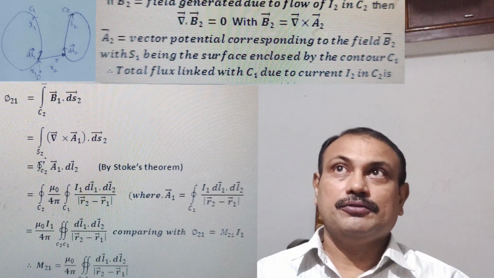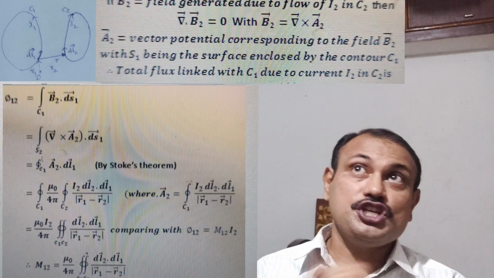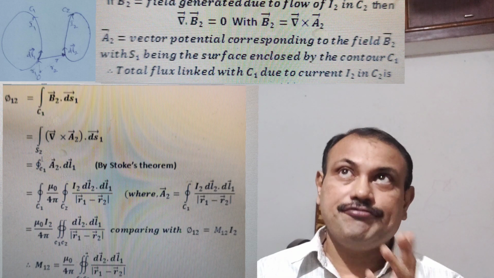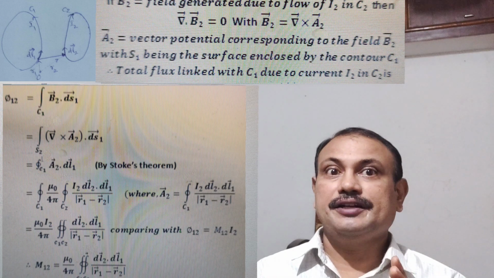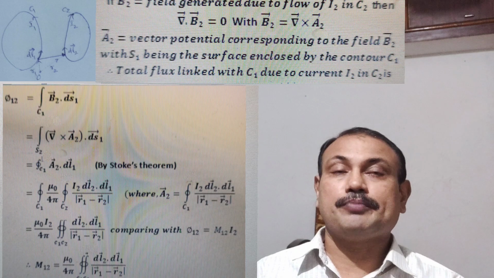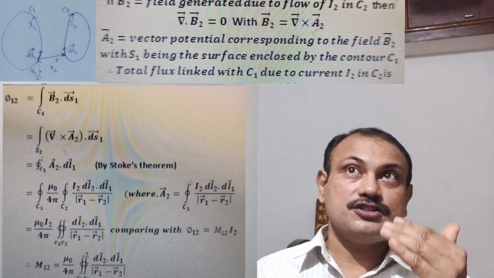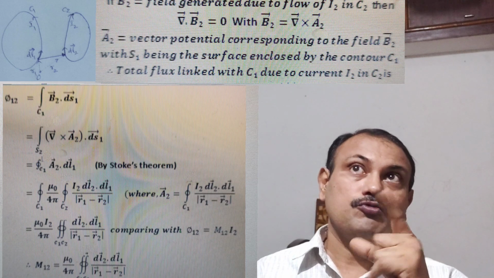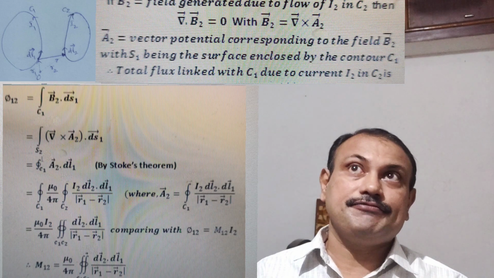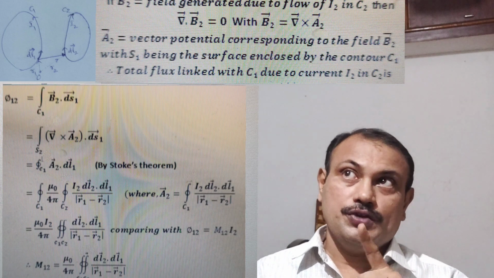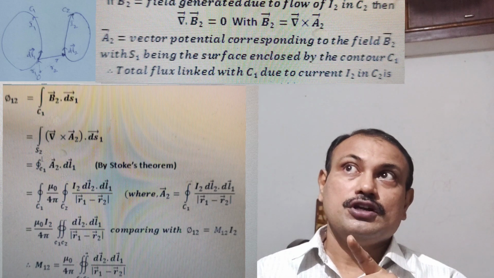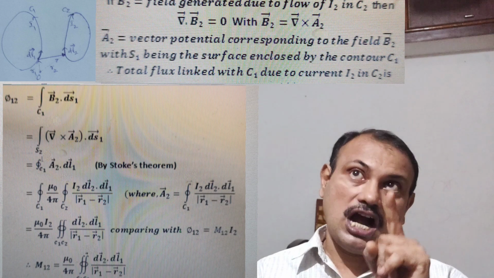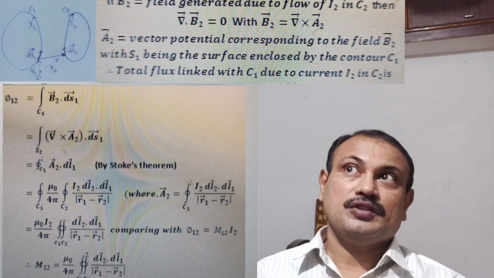In the same manner, we can consider the loop C2. If the primary current is allowed instead in I2 rather than I1, in the same manner we can proceed to find that there will be a magnetic field B2 which is produced during the flow of current I2 in the contour C2.